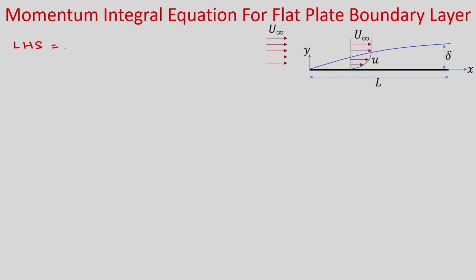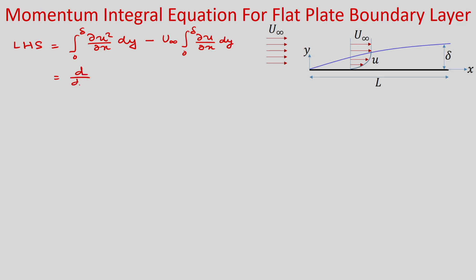So, now let us simplify the left hand side and write the left hand side two terms as the integral from 0 to delta of ∂u²/∂x dy minus u infinity times the integral from 0 to delta of ∂u/∂x dy. So, now these we have evaluated using the Leibniz rule. So, now let us put those values.